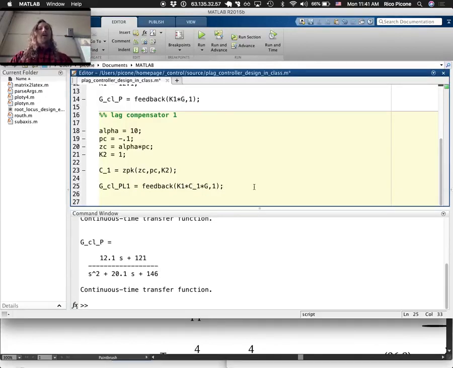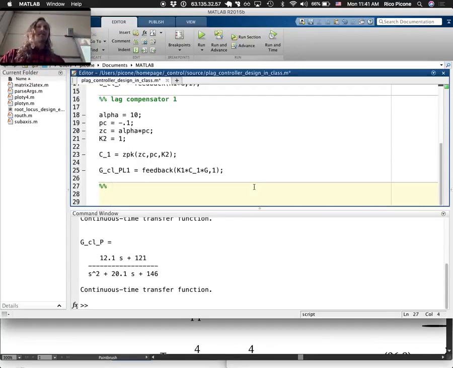Now at this point, we could do another root locus. That was the optional second root locus to see if we need to tweak K2 a little bit. But since we're probably going to go through this iteration several times, I think going to simulation now is probably the right move. So let's do simulation down here.